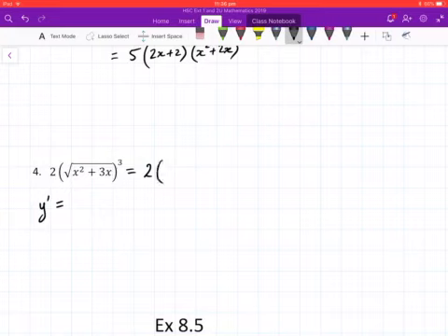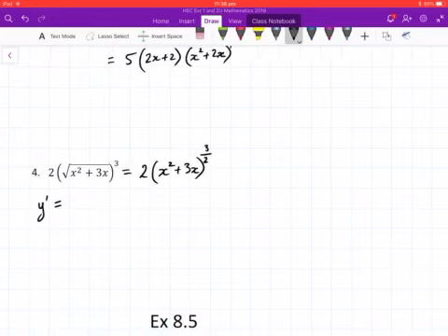This is equal to 2 bracket (x squared plus 3x) to the power of, the denominator of my fractional index is the root, so it's a square root, so it's 2. The numerator is the power, which is 3. So I've got 3 on 2 as my power.